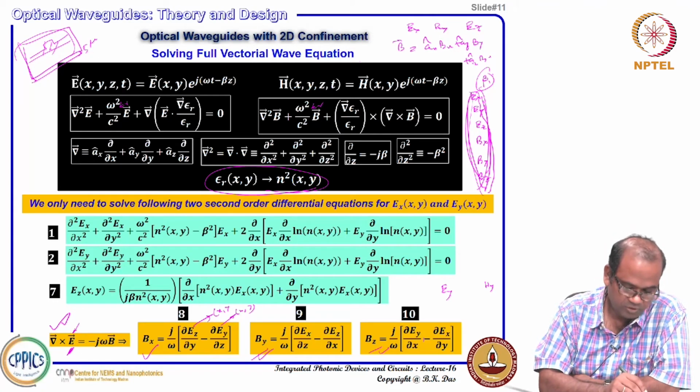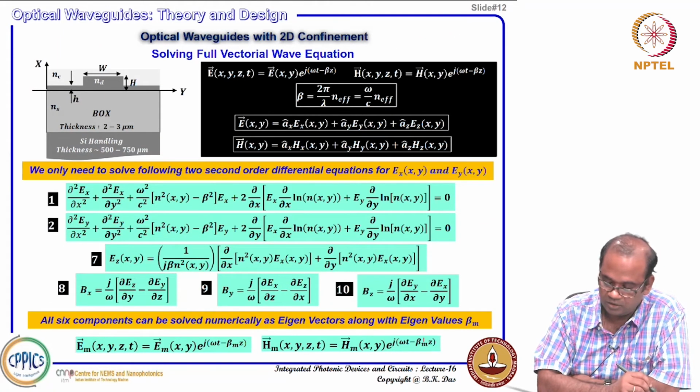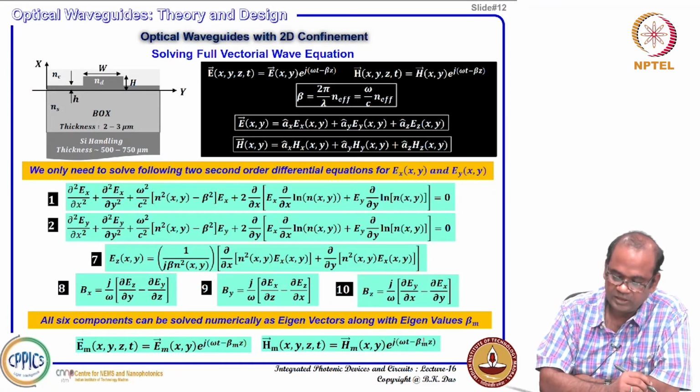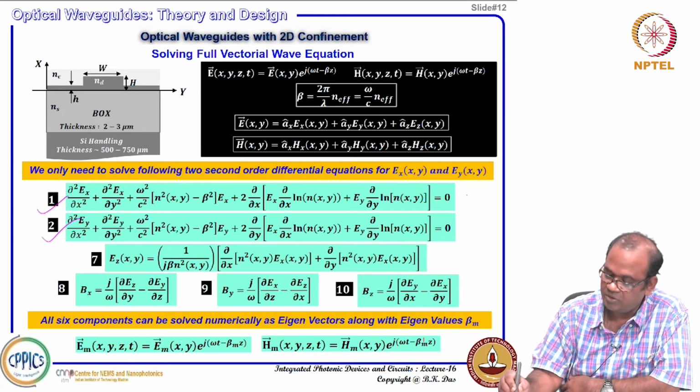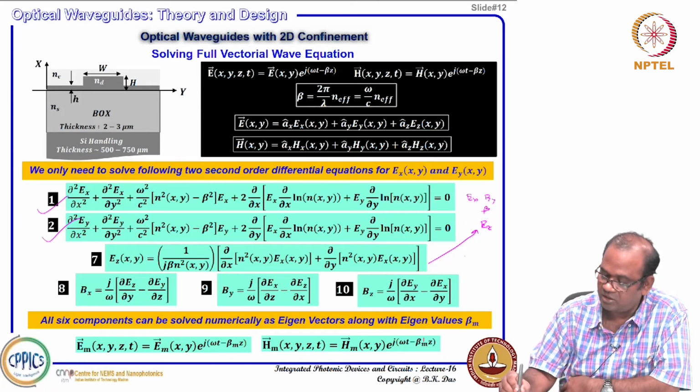So far we could actually get all these equations. These 2 equations give me Ex and Ey as well as beta, and then this equation gives me Ez, and then these 3 equations give me Bx, By, Bz.